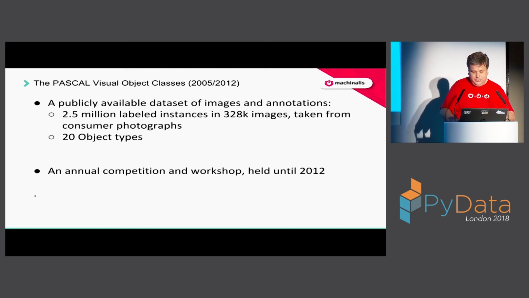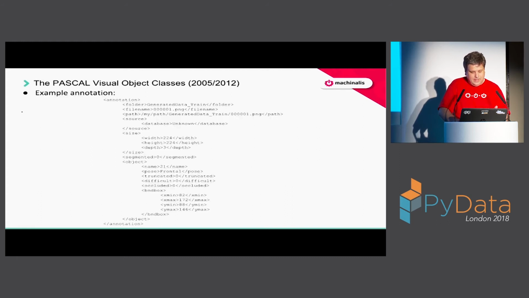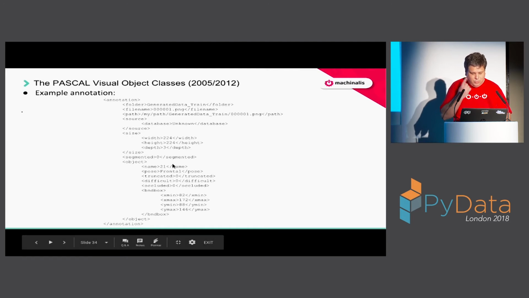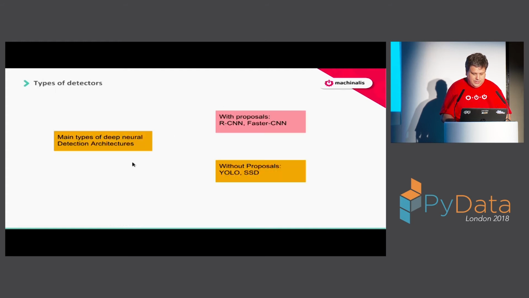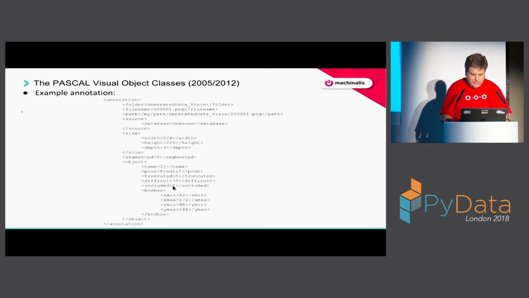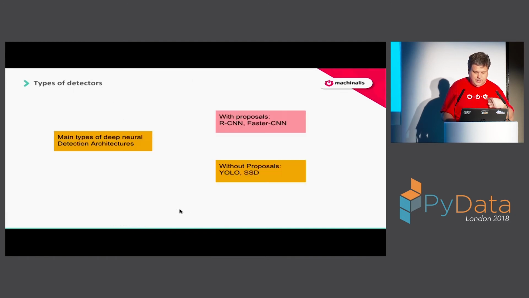So it was a really good advance in the field because it was challenging to solve, to find the elements, and it was a new class of problem that arose from that. This is an XML file representing one image. The most important thing is there is an object here, and this is the bounding box of the object.